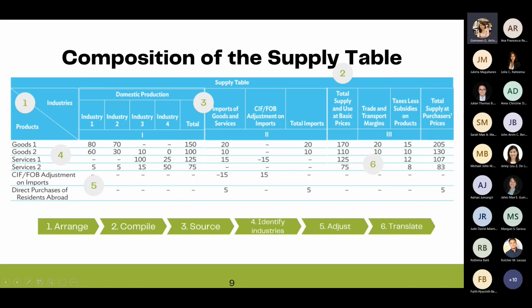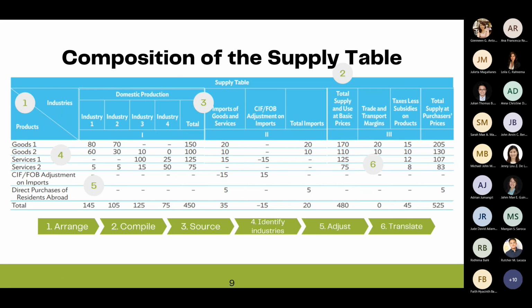In the last column, we'll be having total supply at purchasers' prices, which is row-wise. We just have the total supply per product. So 205 will be total supply for good one, considering supply at basic prices, imports, and our valuation adjustments, and so on. And then column-wise, we have an additional row at the bottom which provides the total output per industry.